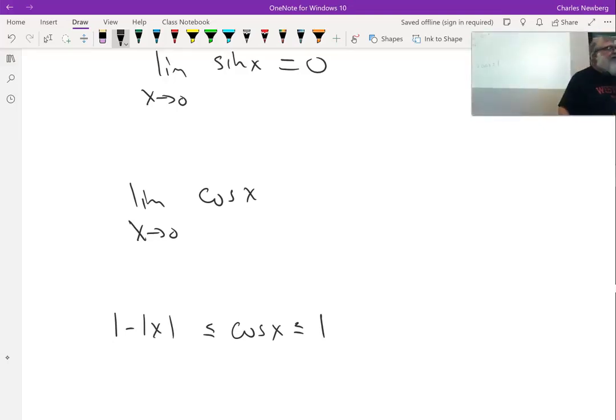And let me get these graphed here. First I'm going to graph y equals 1, which is a nice horizontal constant. And then I'm going to graph y equals, and what was it, 1 minus the absolute value of x. And you can see them over there. And now what's my third function? I'm going to squeeze in cosine.